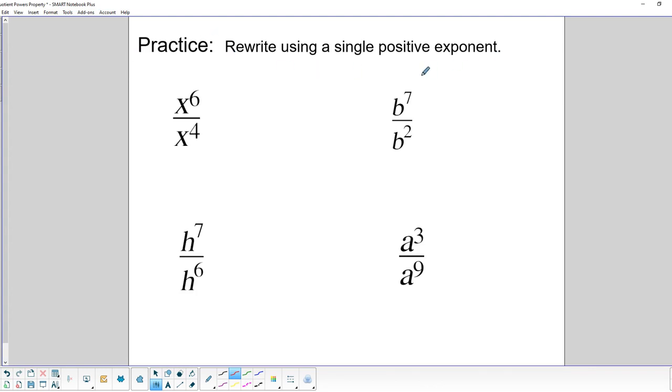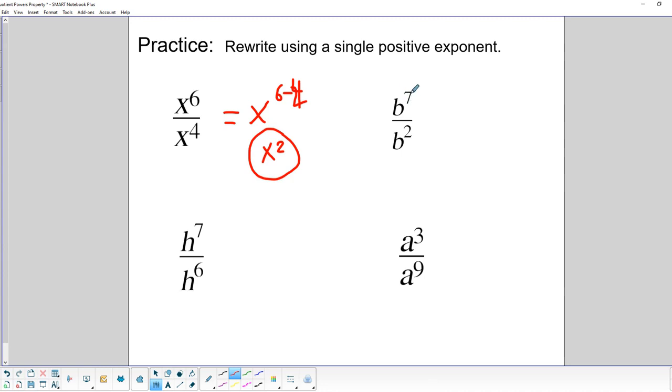There's a few more problems that may not be on your notes, but let's go ahead and do them. So x to the sixth over x to the fourth, that's going to equal x to the 6 minus 4 power. And we're going to kind of speed this up here in a minute. 6 minus 4 is 2. So this would be x to the second power.